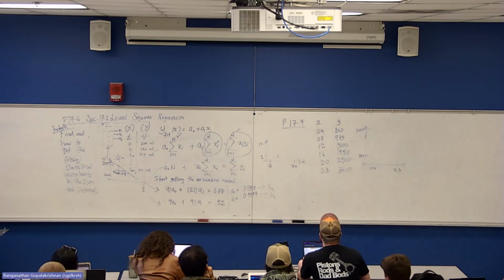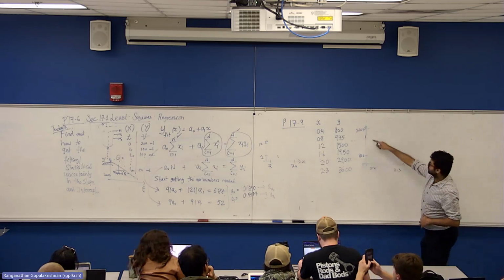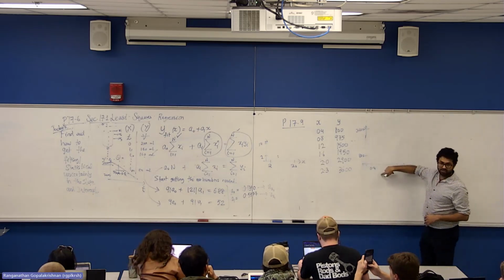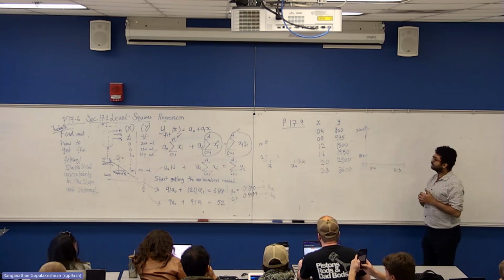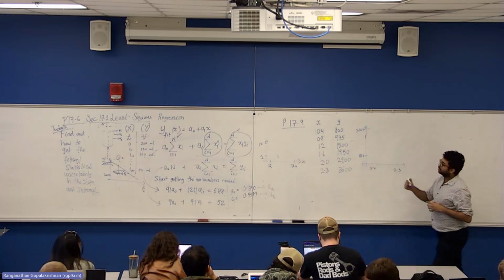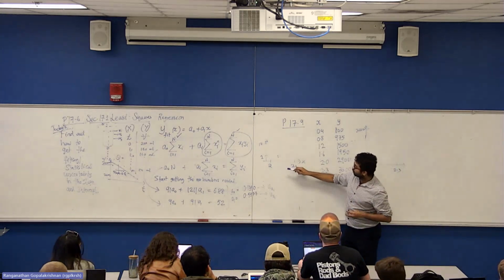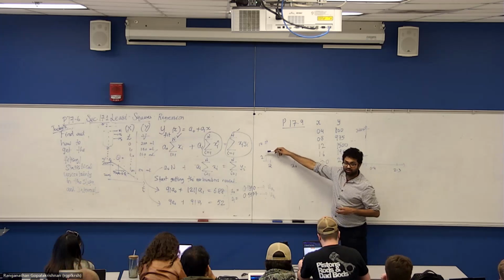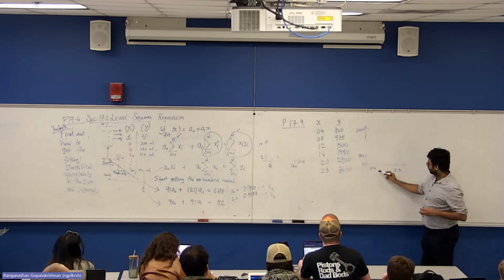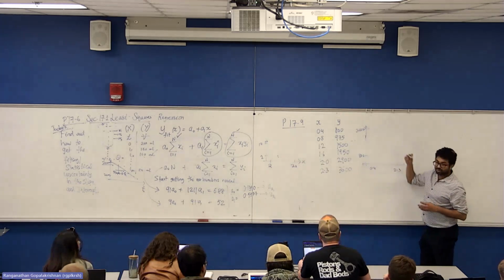Y is a lot bigger, X is a lot smaller. In this case, the disparity between X and Y is quite high. Okay, that's one. What else can we say? Look at the range 2 and 20, 1 and 12. Look at the range 0.4 to 2.3 and 800 to 3,600.